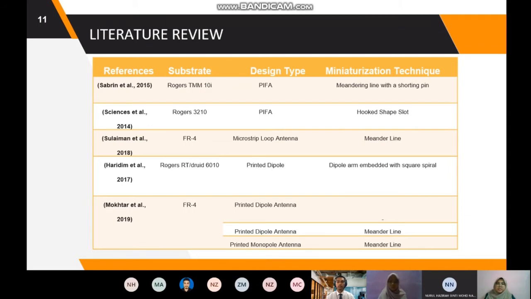The design types that they choose are PIFA, planar inverted F antenna, and printed dipole antenna, which is the most used by the researchers. And the miniaturization technique that is the most used by them is the meandering line on the patch.